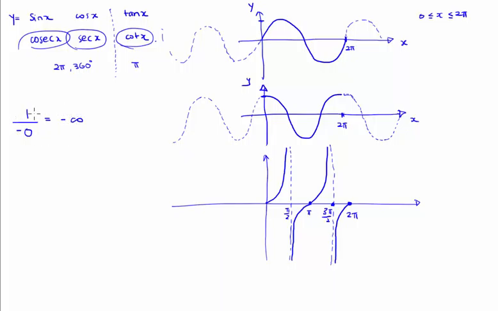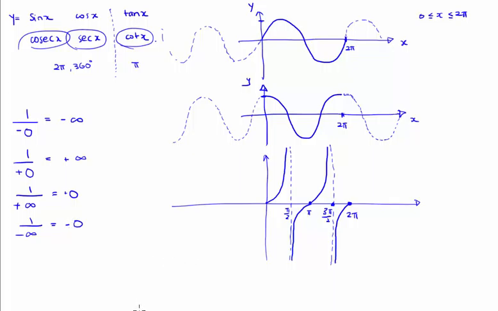You just need to understand this one. Also, 1 divided by a very small positive number, I'm going to call that positive 0, is positive infinity. And 1 divided by positive infinity is 0, but slightly positive. And 1 divided by negative infinity is equal to negative 0, which means a very small negative number.